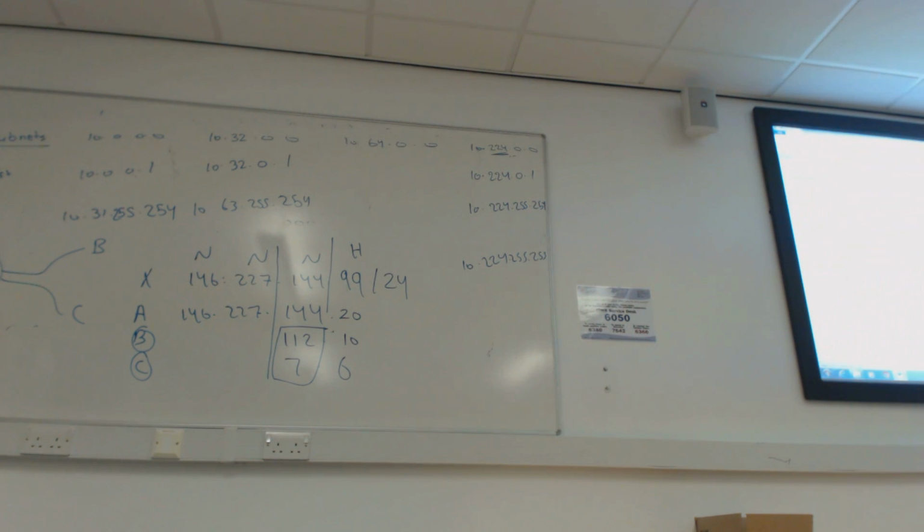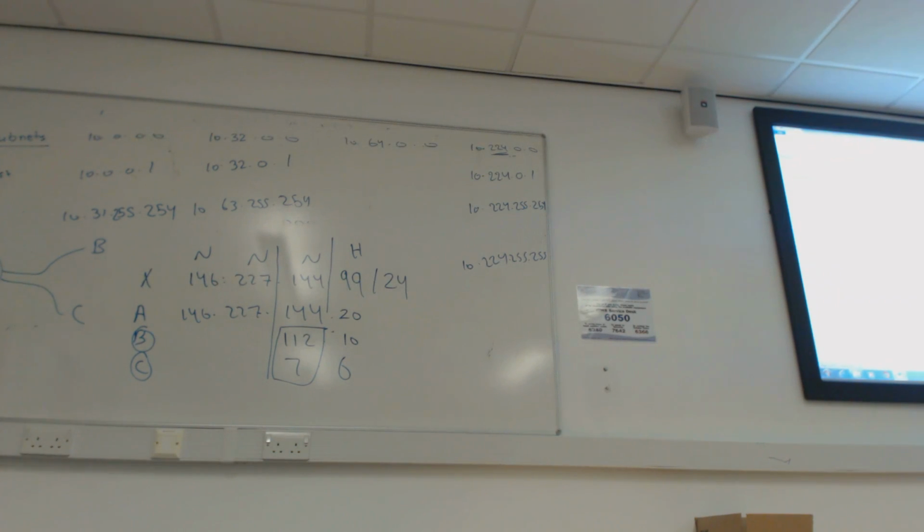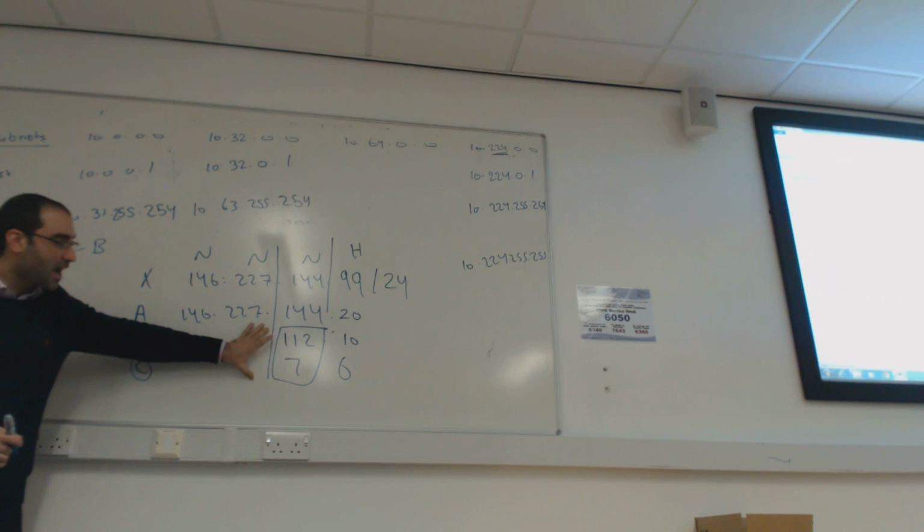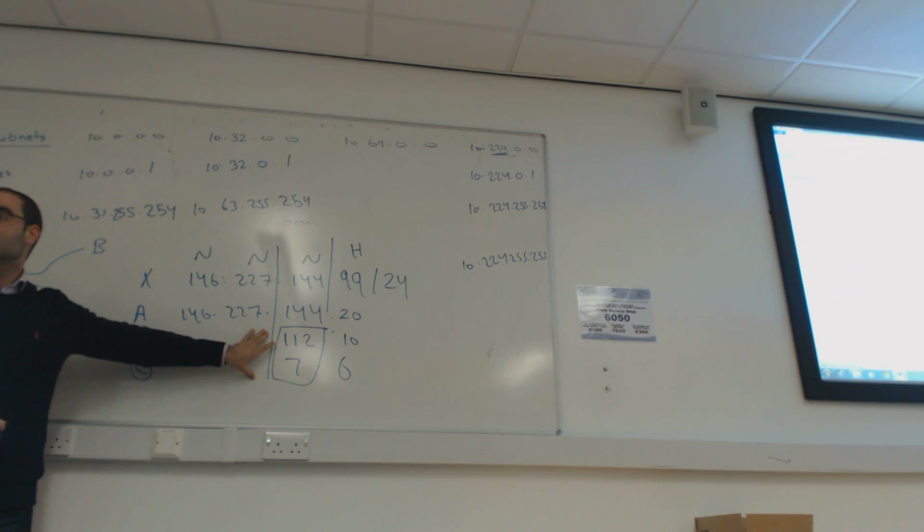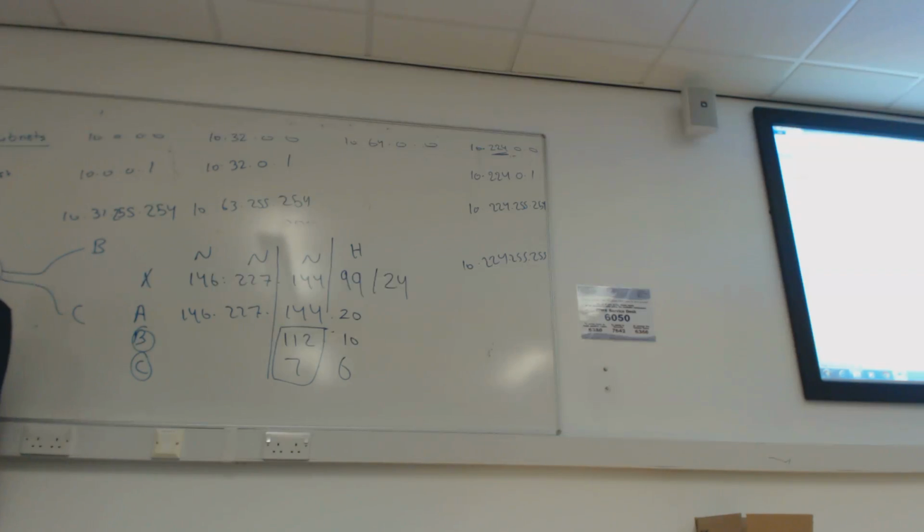If I did the ARP table for this machine, it will only show you devices connected in that subnet and only that subnet. So that's why you have those two entries. Because A and X reside in the same subnet, B and C reside on a different subnet. What is my evidence? That the network range is changing. This is how we do it. Okay? Questions? Is that clear? Everyone?